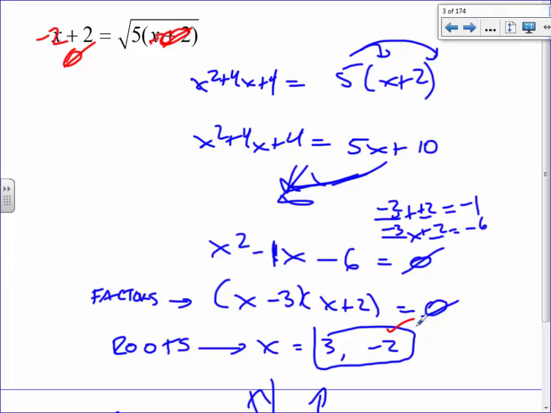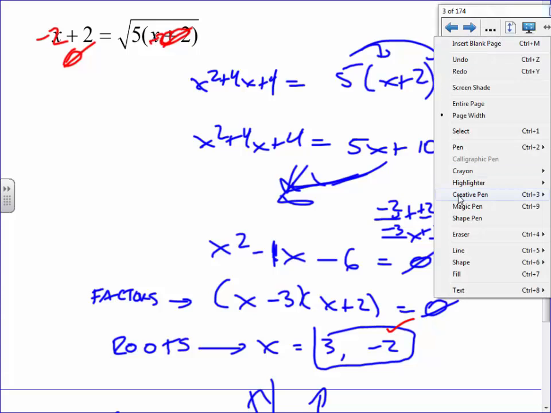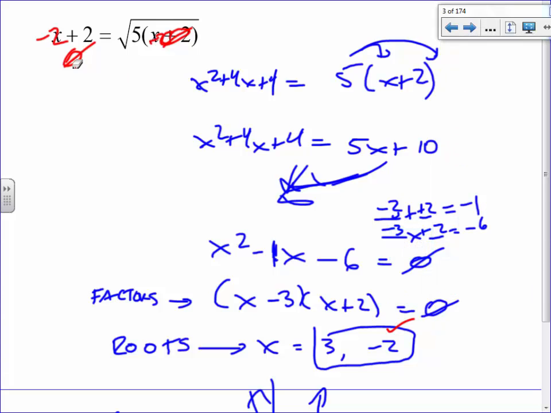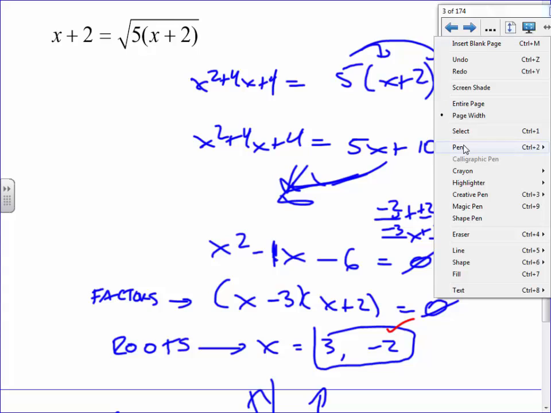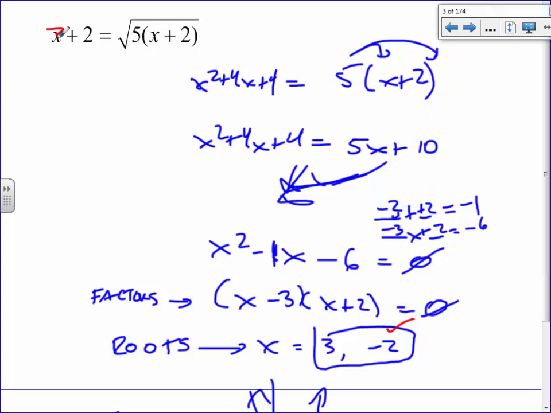But I'm hoping, I think I designed this one. And I hope I did. Let's try 3. 3 plus 2 would give you 5. No, this one isn't going to cause a problem. 5 times 5 gives you 25. When you square root 25, it'll give you 5.